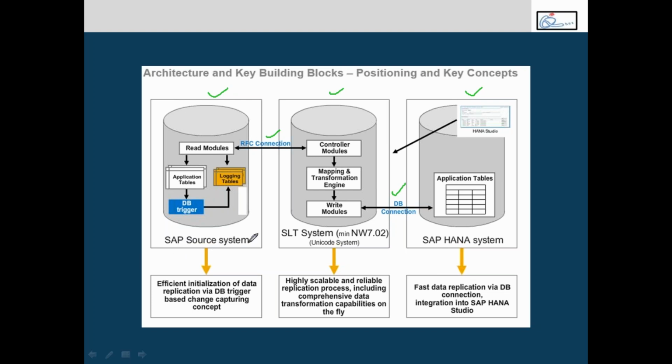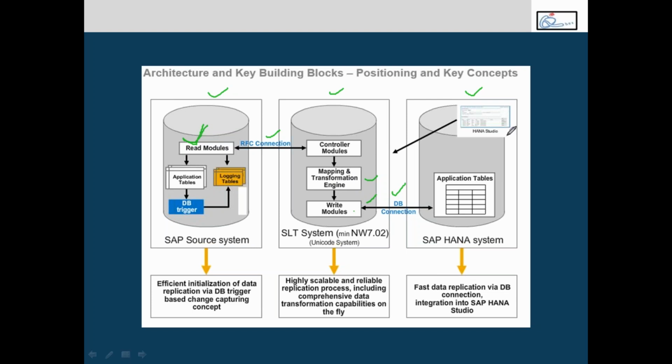If my source is SAP, it puts the read engine into my source itself, and SLT will only have the mapping and write modules. It's a function module which is created when you configure SLT for a table. It automatically creates a read function module in the SAP source, and it will have the write module and mapping in the SLT server.